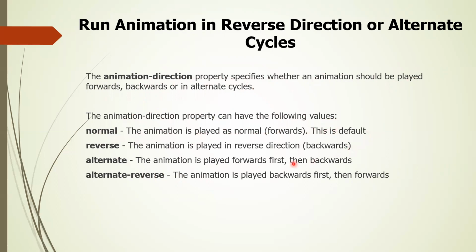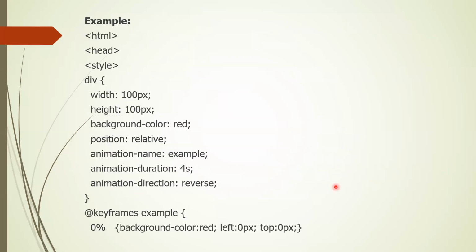This is the default animation. Reverse, we have to specify. Then only the animation will be done in reverse. The animation is played in reverse direction, that is, in backward movements. Alternate means first the animation will be played in forward direction, then backward direction. Alternate reverse means the animation is played backwards first, then forwards.